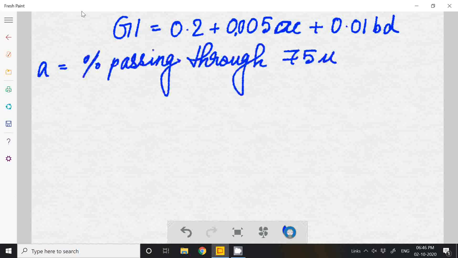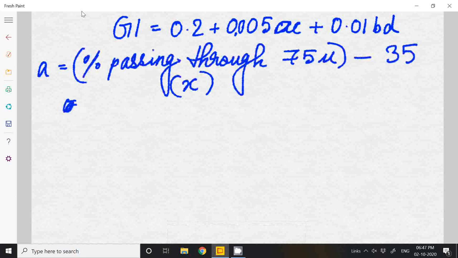Now what we have to do is, for this A, this part will be taken as X, and then we have to subtract 35. I'll make it more clear.